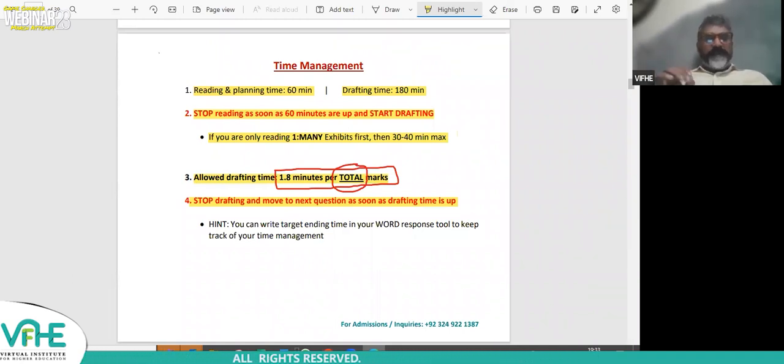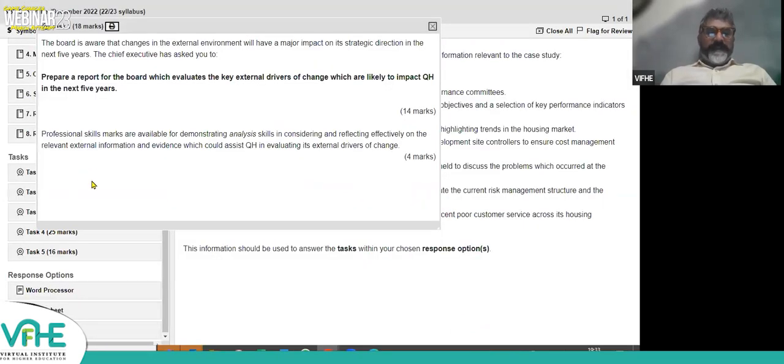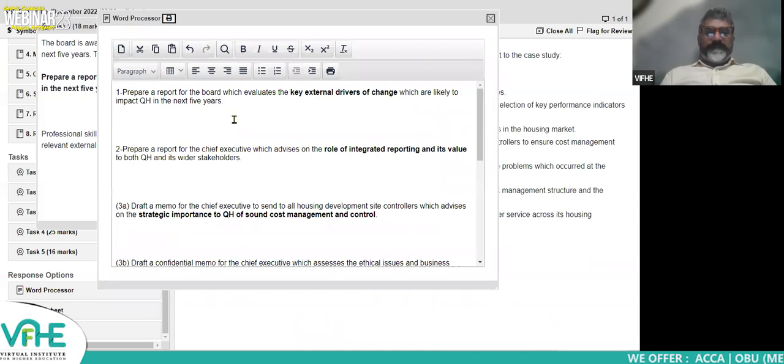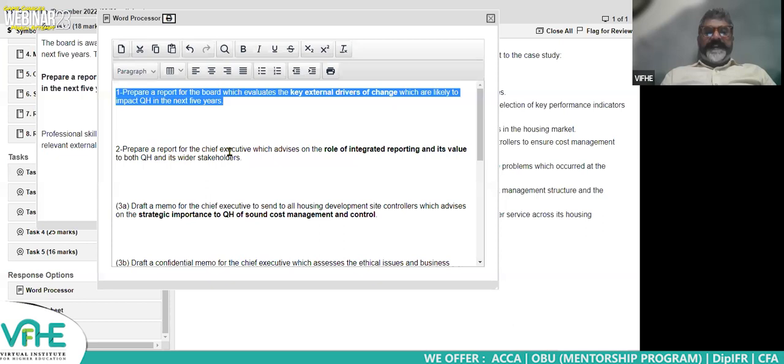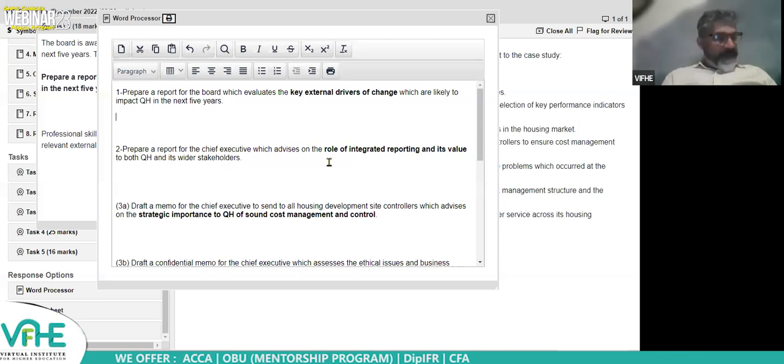Let's say we'll do it right now. I'll go to my word tool. I am attempting question number 1. It is 18 marks. I just calculated that I need to finish in 32 minutes. My start time right now is 8:35.